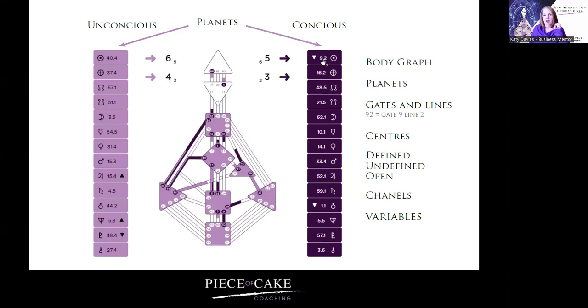The reason they're different colors is to do with whether or not you recognize something in your chart, whether you're conscious of it or not. Now, if you watch the video where I talked about my 2/4 profile, the 2 you can see here. So I've got that written here, the gates and the lines.